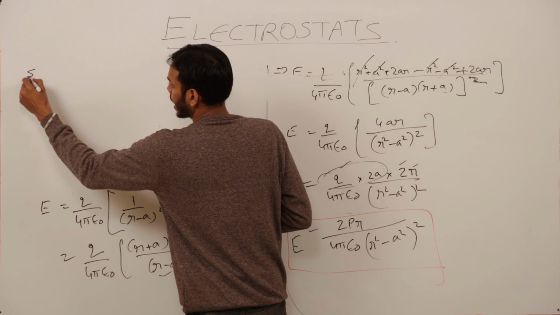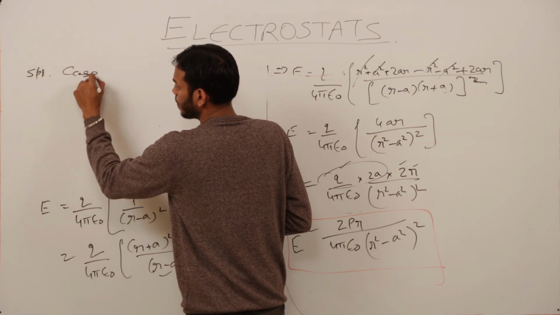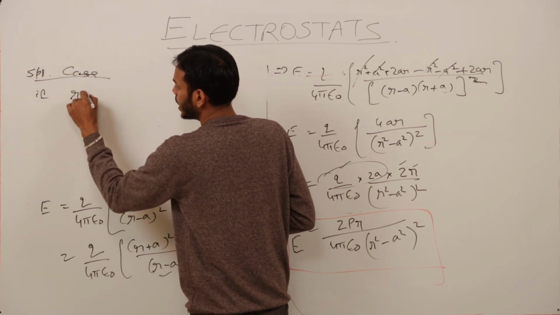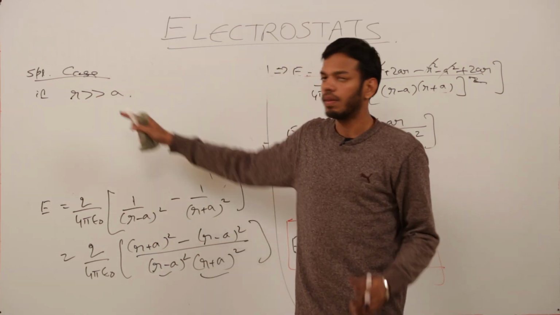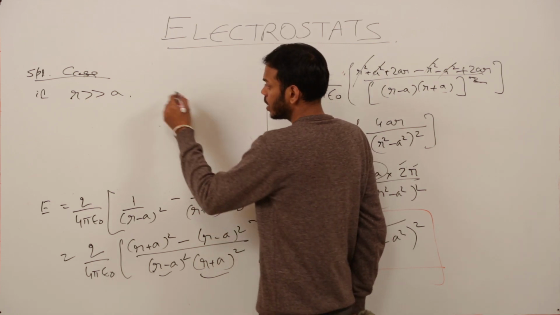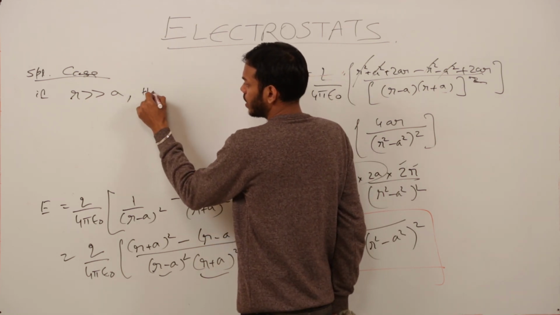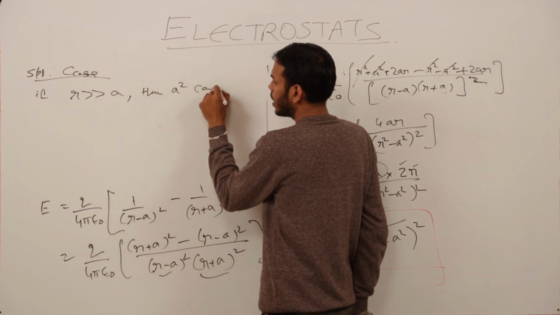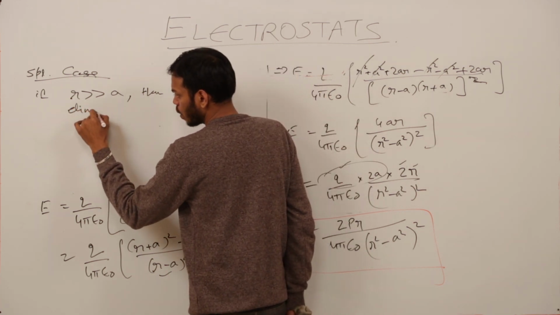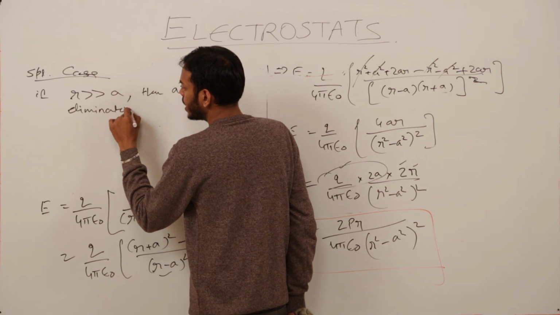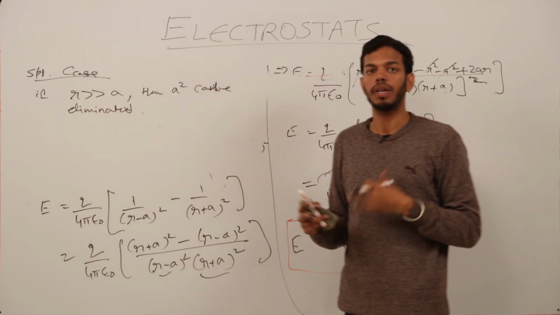Write down special case: if r is greater than a, greater than that means very big, very large, then a square can be eliminated. Why? The square of a small term is much smaller.